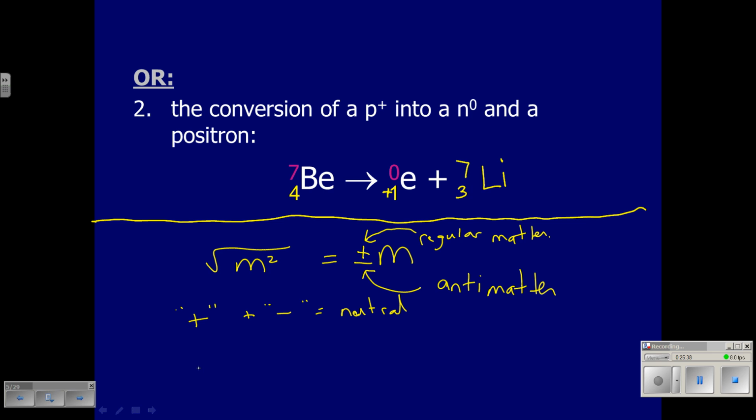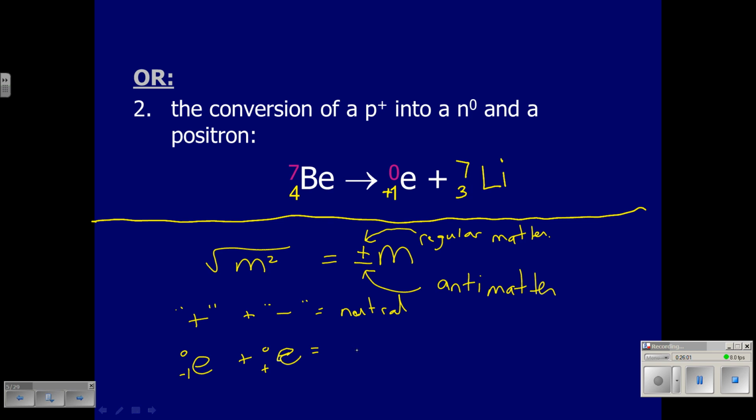If I have something that's made of matter, let's say I have a regular electron, and I add it to an anti-electron, which is also known as a positron. All right, what do I get? Well, they cancel each other out. Their matter literally cancels each other out.